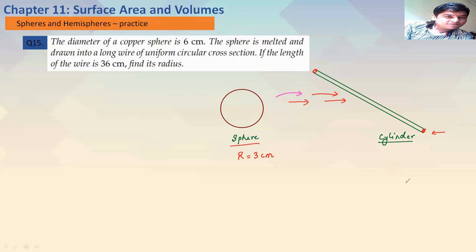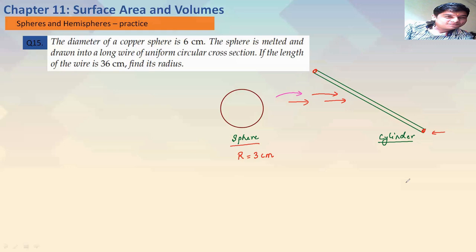I'm just asking you about the radius of base of the cylindrical wire. Forget about cross section for now.